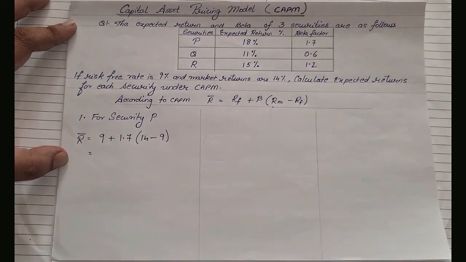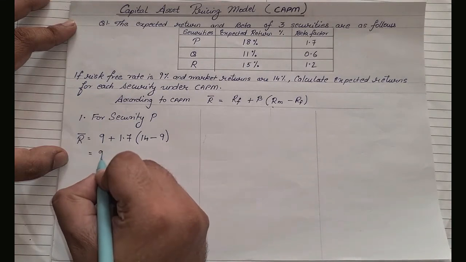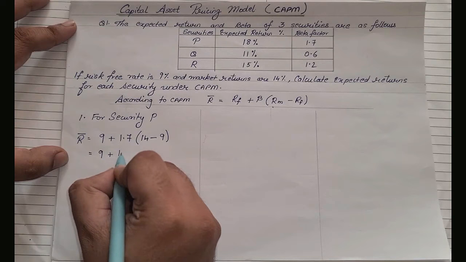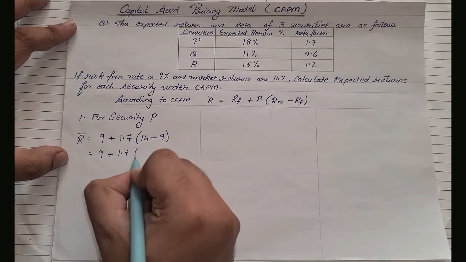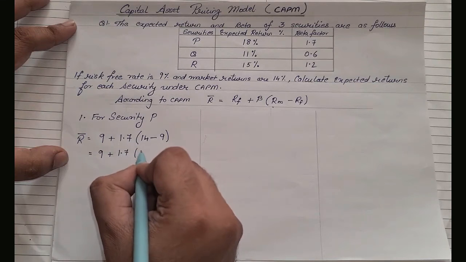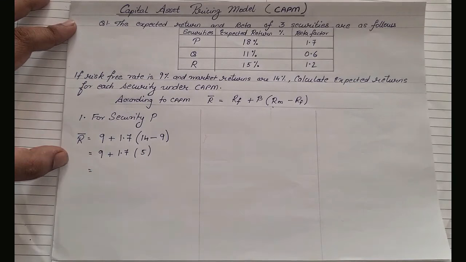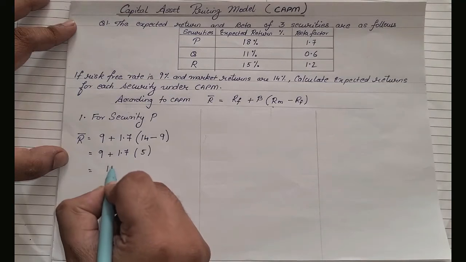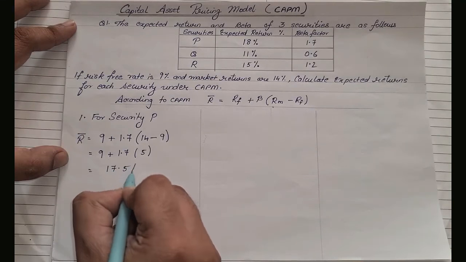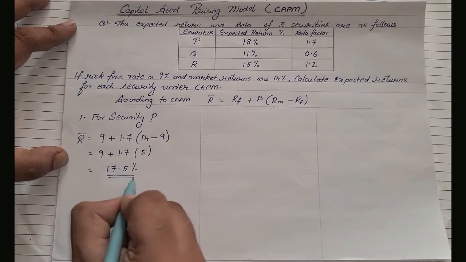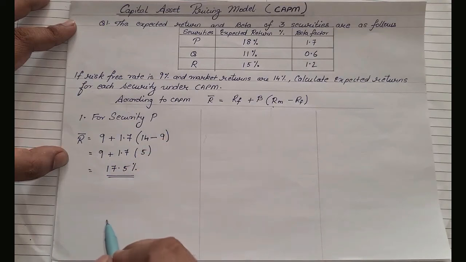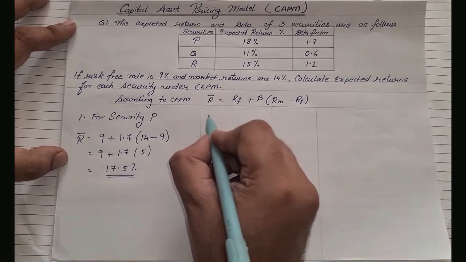So while solving this, we would have got 9 plus 1.7 into 14 minus 9, which is 5. You multiply 1.7 into 5 plus 9, and the answer that you all should have got would have been 17.5%. So the expected return for security P is 17.5%.